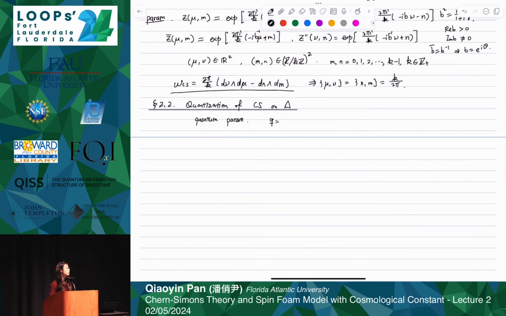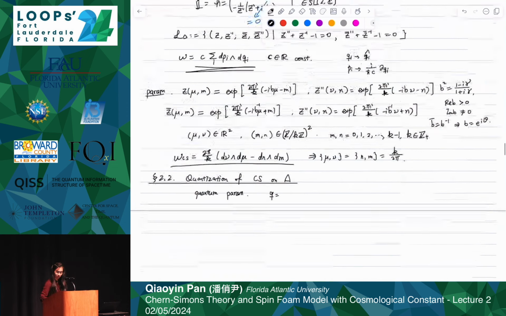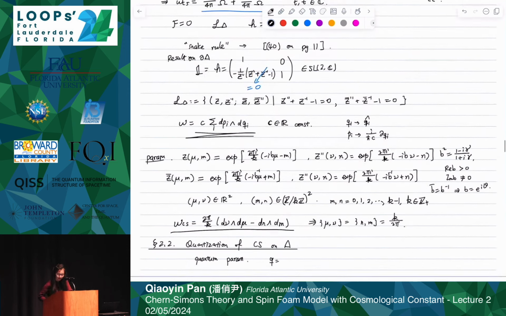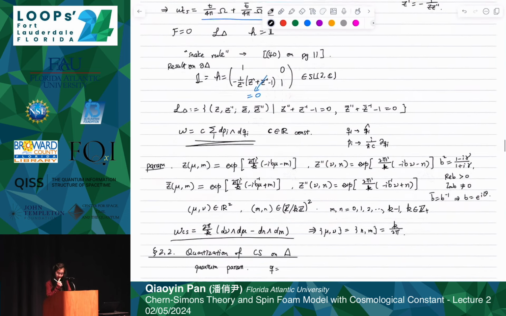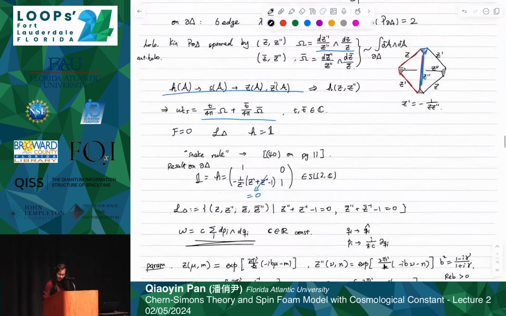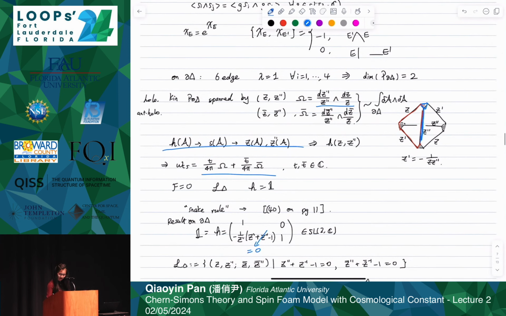Excuse me? Yes. So question here. You see this m and n, they are just integers. Then how do you define this dn wedge dm? We derive it directly from here.